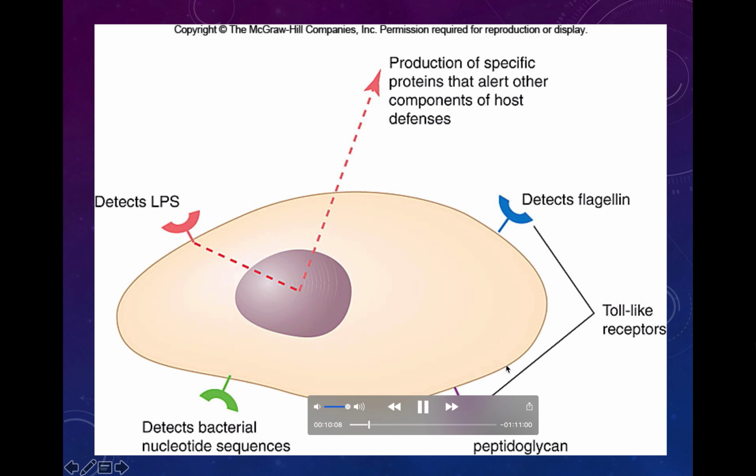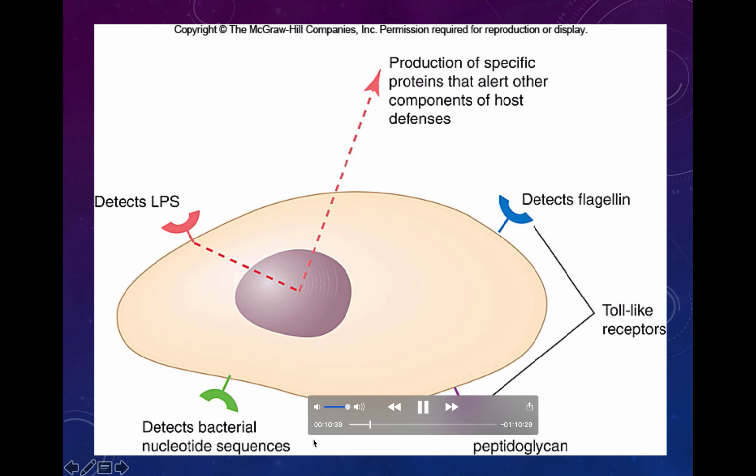In this image, you can see a few of the other toll-like receptors that we have, or pattern recognition receptors, that are able to bind to particular bacterial or viral molecular patterns. We talked about peptidoglycan as another molecular pattern. The flagellin protein, the filamentous component of the flagellum, is a pattern that is recognized by our surface cells and our white blood cells, and other things like nucleotide sequences.